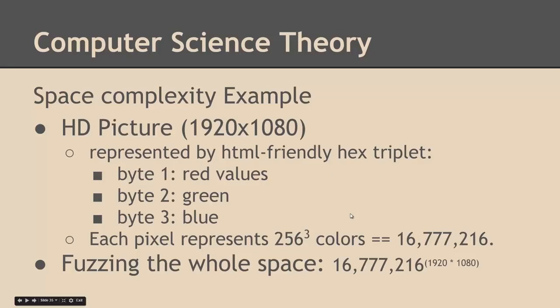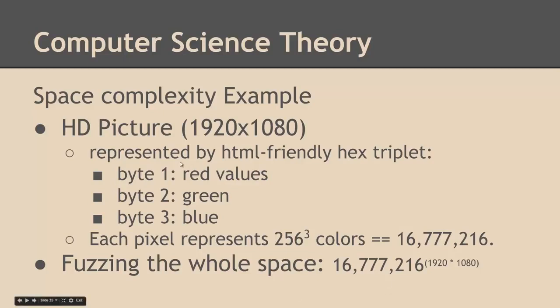Similarly, for an HD picture, you have 1920 by 1080 pixels, and each one of those pixels is represented by a nice HTML-friendly hex triplet.